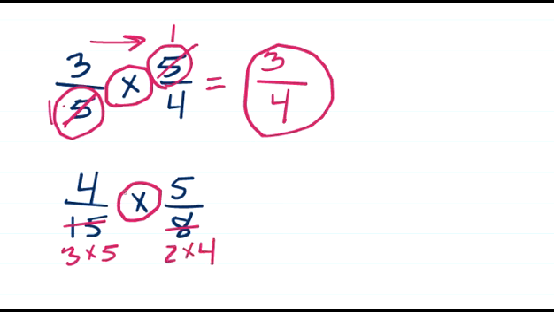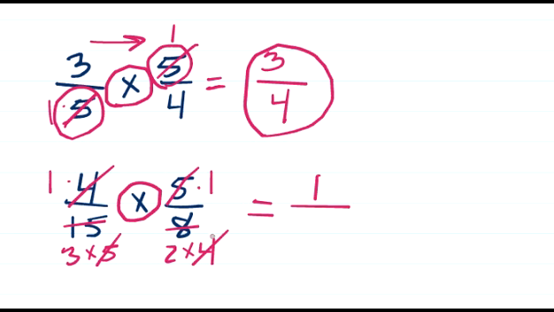And now watch what we can do. So now we've got this 5 on the bottom cancels with this 5 on the top, and this 4 on the bottom cancels with this 4 on the top, and what are we left with? Remember, these are 1s up here, so 1 times 1, which is 1, and on bottom we have 3.